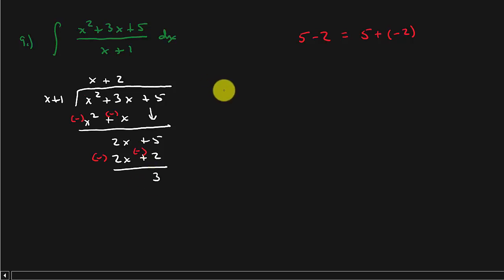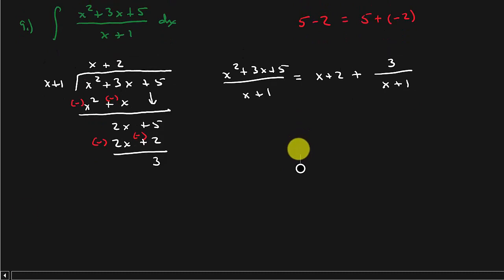And so what we have here is x squared plus 3x plus 5 over x plus 1 is equal to x plus 2, right, the quotient, plus the remainder over the divisor, right? That's what that's equal to.